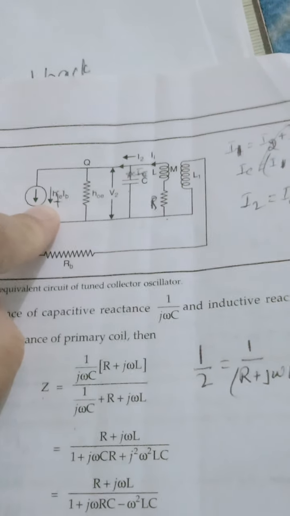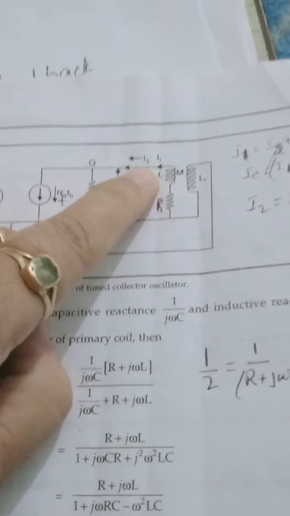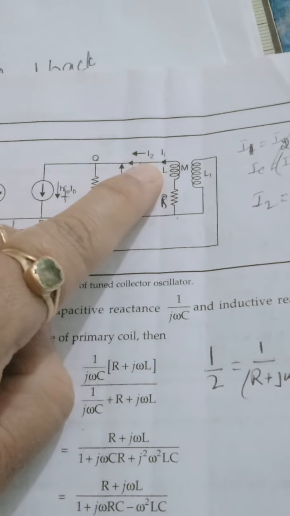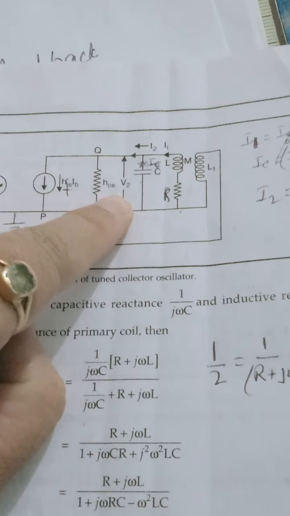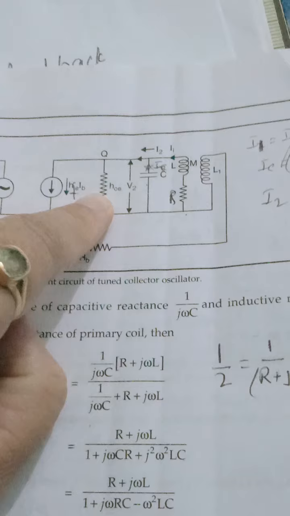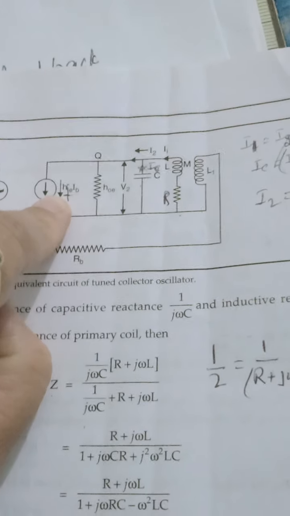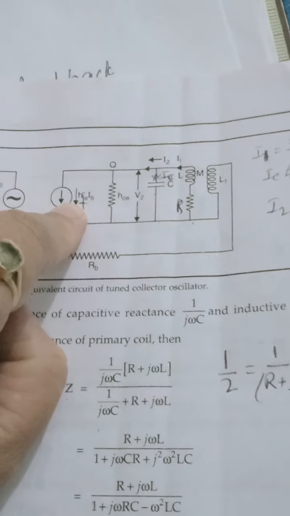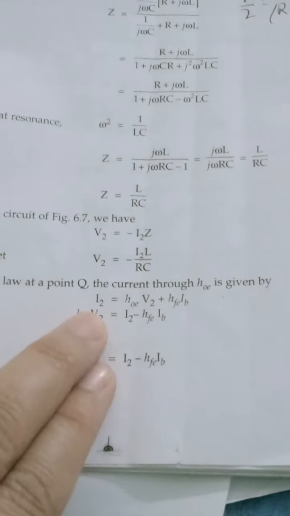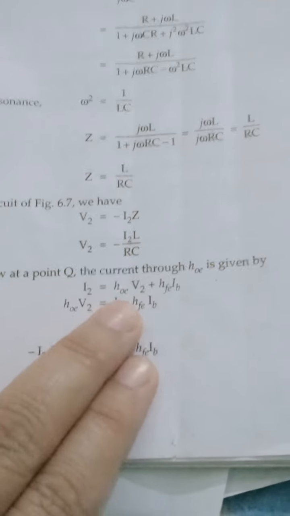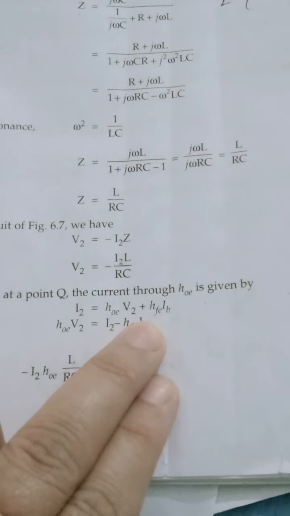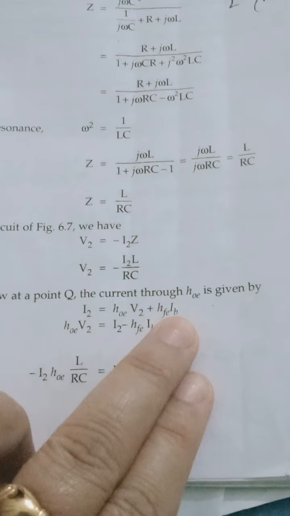So from here we come across this equation that my I2 will be equal to voltage V2 multiplied by HOE plus HFE into IB. So this is the same equation which is written over here, that I2 is equal to HOE V2 plus HFE IB.